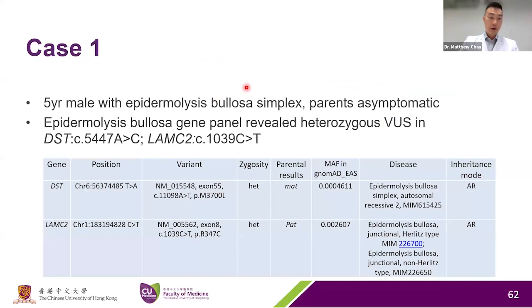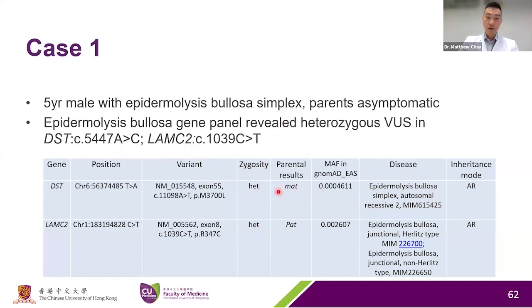So this is a 5-year-old male with EB simplex, where the parents were asymptomatic. An EB panel was sent, and this only revealed heterozygous VUS in two genes, DST and LAMC2. So these two variants are in genes that are associated with EB simplex. However, there's only a heterozygous variant, and the second hit was not found.